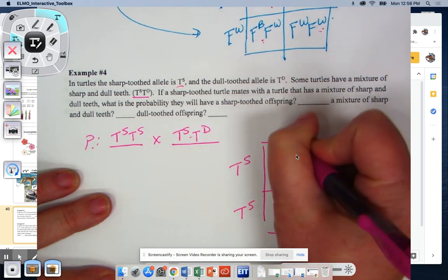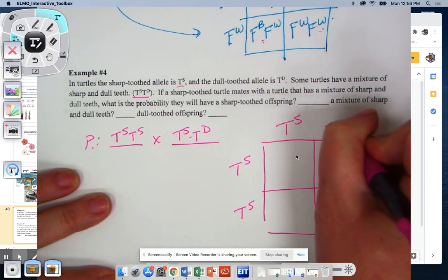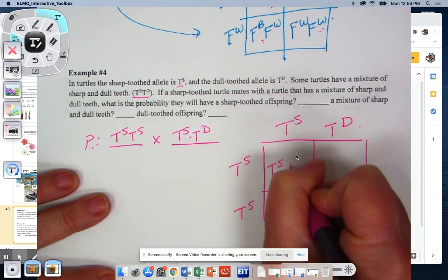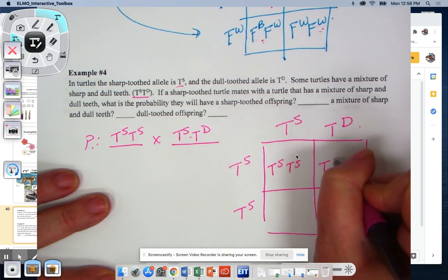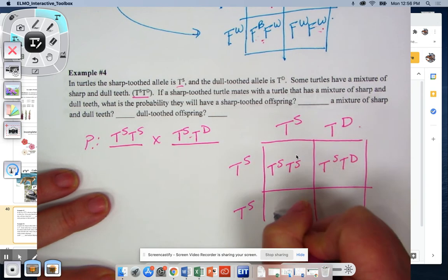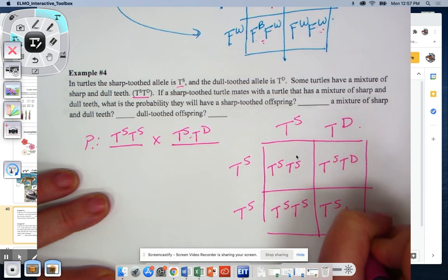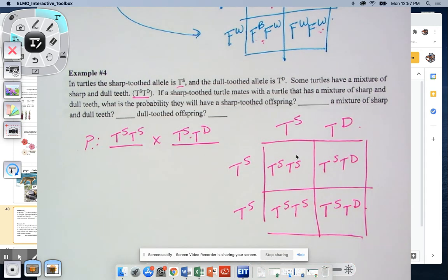The second parent goes on the top. And then we fill in the boxes. After we fill in the boxes, we answer the questions.